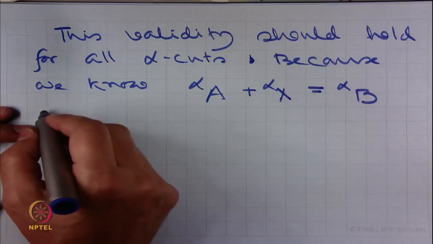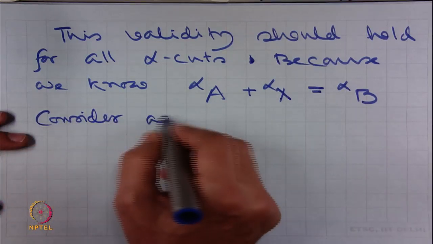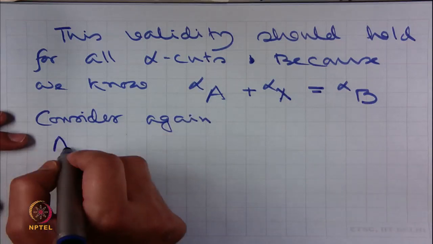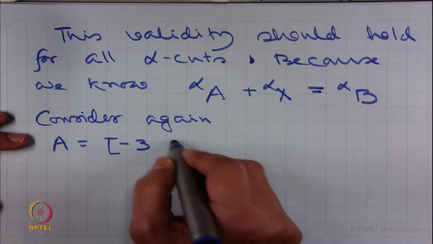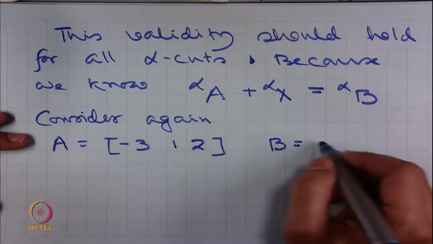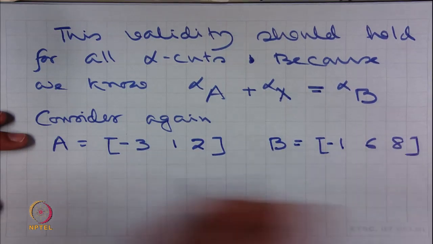So, consider again A is equal to minus 3, 1, 2, B is equal to minus 1, 6, 8.